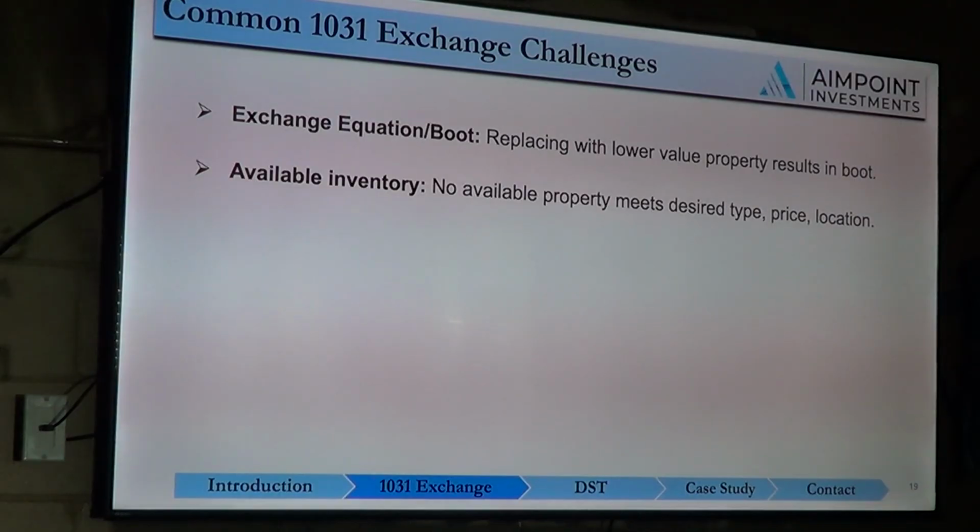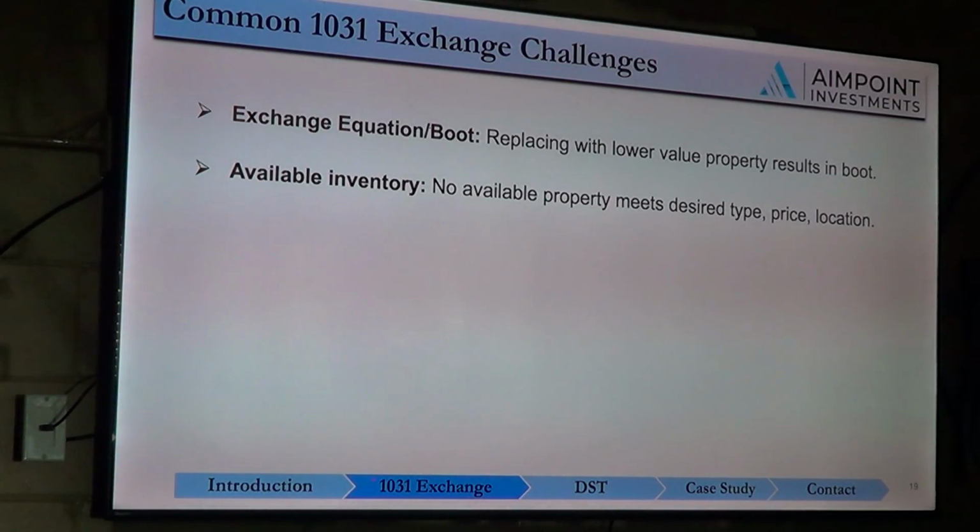Available inventory. When we're selling a property at a certain price point, and we now have to look basically only in that price point, it restricts our ability to buy certain properties. We're going to look in a very narrow price range. We might have specific requirements around investment performance of that property, around geography, if it's easy to manage.